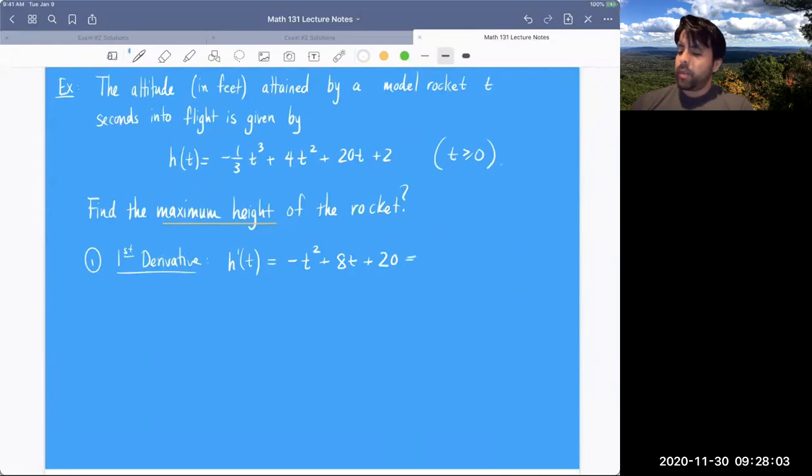Set it equal to 0. What do I get? Can I factor this? I can, right? How do I factor this?